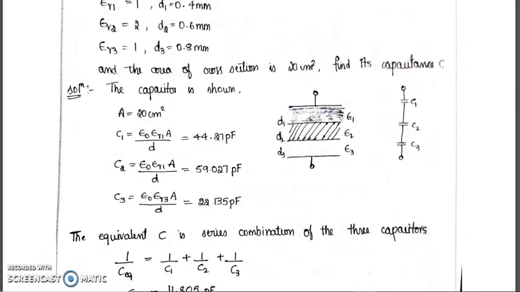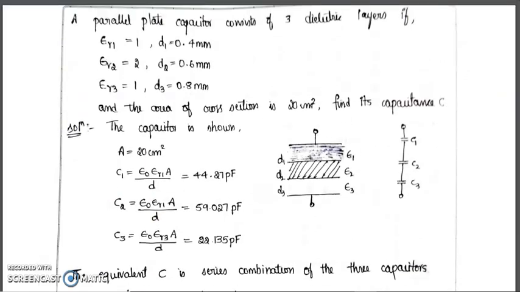So, next problem. Given a parallel plate capacitor consisting of three dielectric layers. The first layer has a relative permittivity epsilon r1 equal to 1 and a thickness of 0.4 mm, the second layer has a relative permittivity epsilon r2 equal to 2 and d2 equal to 0.6 mm, and the third layer has relative permittivity epsilon r3 equal to 1 and thickness d3 of 0.8 mm.